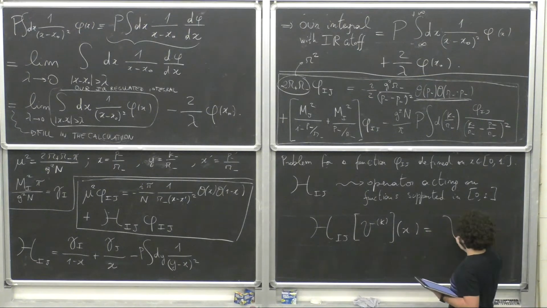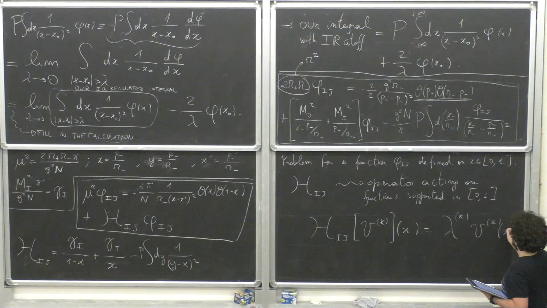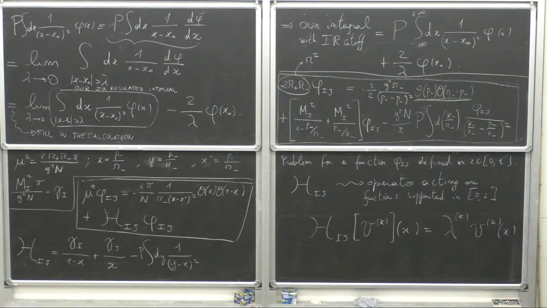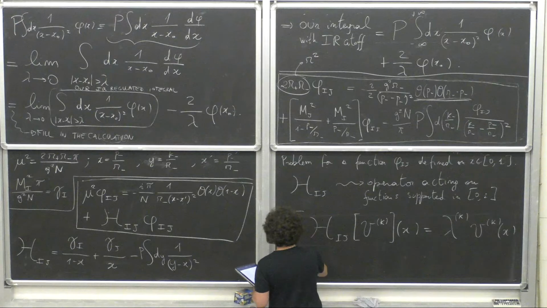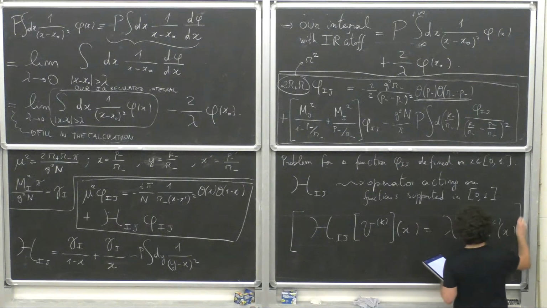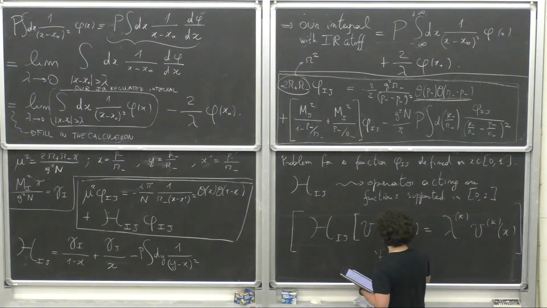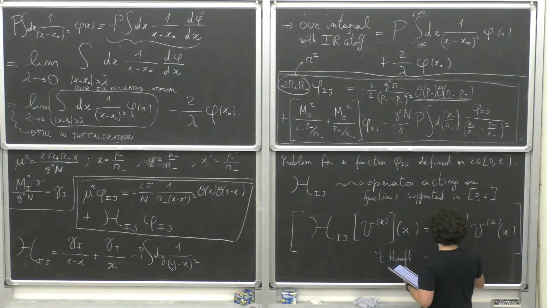That would be our dream. I'm calling them V because I want to stress that I think about them as eigenvectors of my operator. So I put them inside and I get some number. This equation is what is sometimes called the eigenvalue equation for this operator.